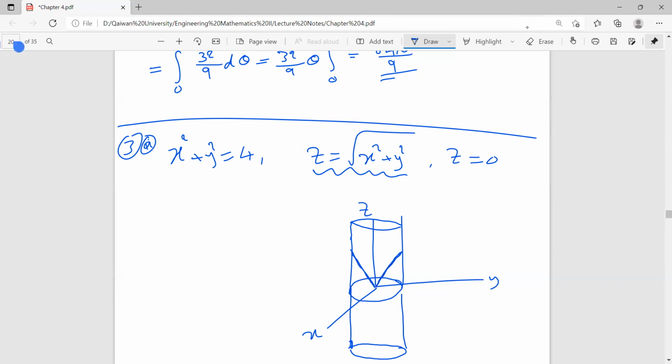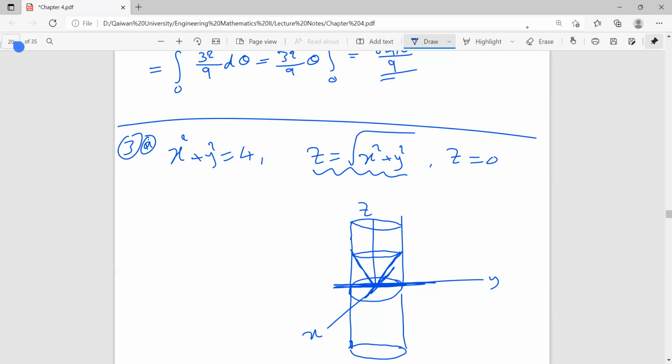This is the graph of z equals the square root of x squared plus y squared, and also z equals 0. It is here, this line, and this one also.